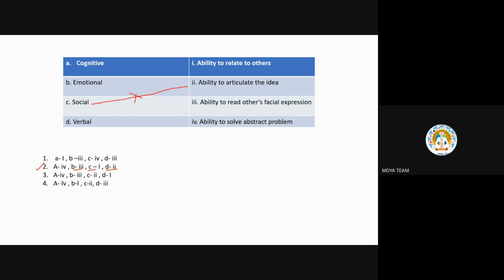So use that technique and solve the questions very smartly. Now the next question. The questions you are solving are all previous year questions, so this type of question comes in the exam. Here you are able to solve the question, so I expect that in the examination hall you will also be able to solve the questions.